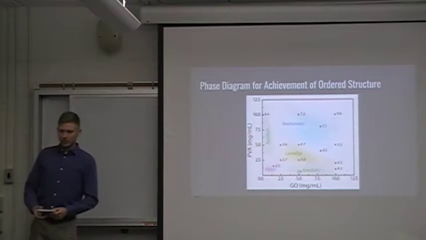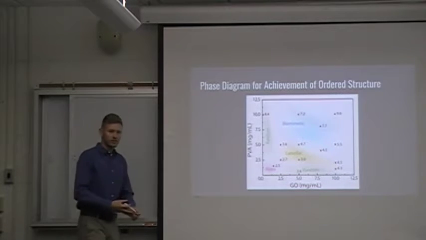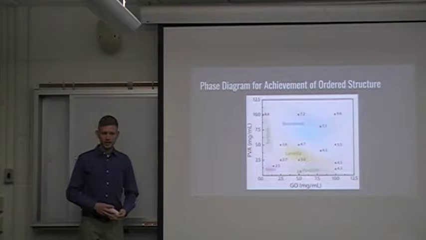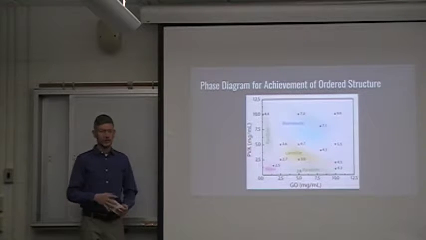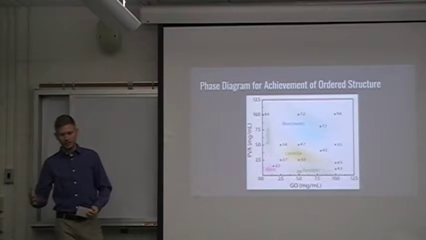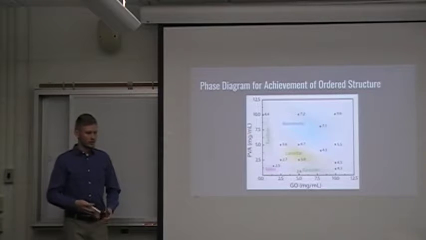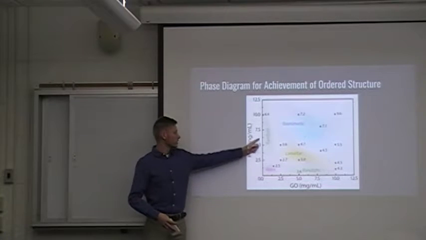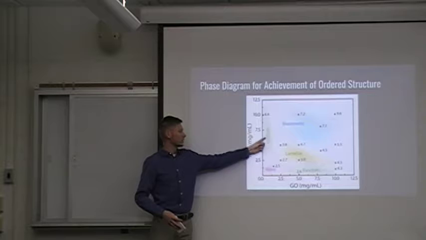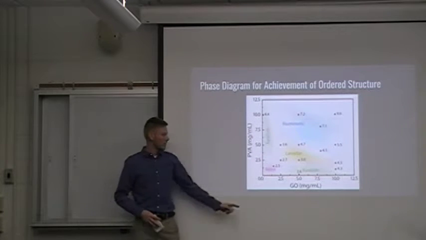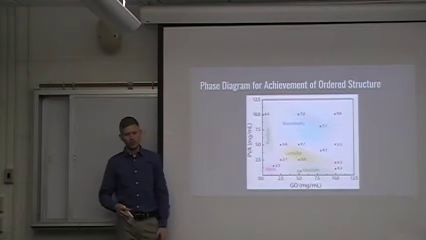And as previously noted, when you recall the GO, graphene oxide, versus polyvinyl alcohol compositions, when you have only polyvinyl alcohol, you have the random structure, and only graphene oxide, it is random.